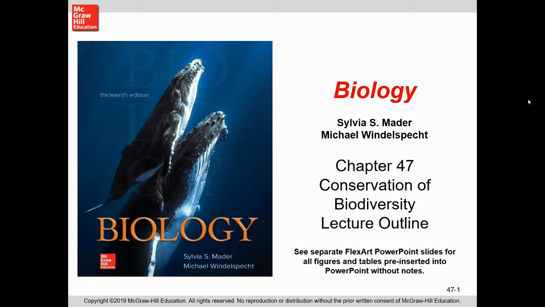This is a really fascinating chapter on conservation of biodiversity: what biodiversity is, why it's important, why we want to conserve it. And while it brings together a whole lot, the reason this is at the end of our textbook is because it does bring together so many of the things that we'll be learning about in the weeks ahead.